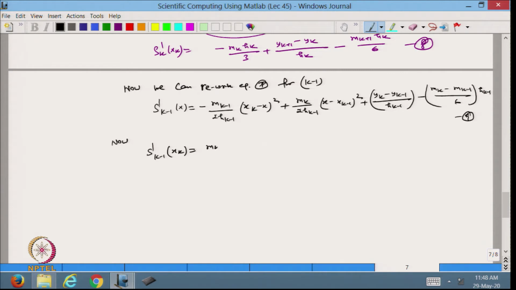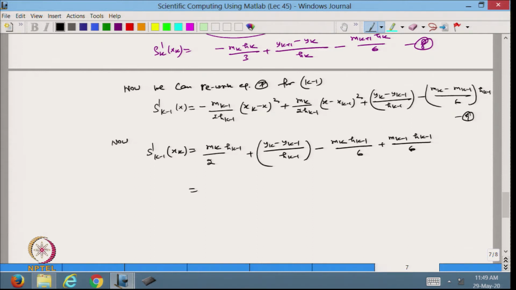So I will get mk by 2 into hk minus 1 square. So this will cancel out, so I will get hk minus 1 plus yk minus 1 divided by hk minus 1 minus, from here I will get, mk hk minus 1 by 6 plus mk minus 1 hk minus 1 by 6.